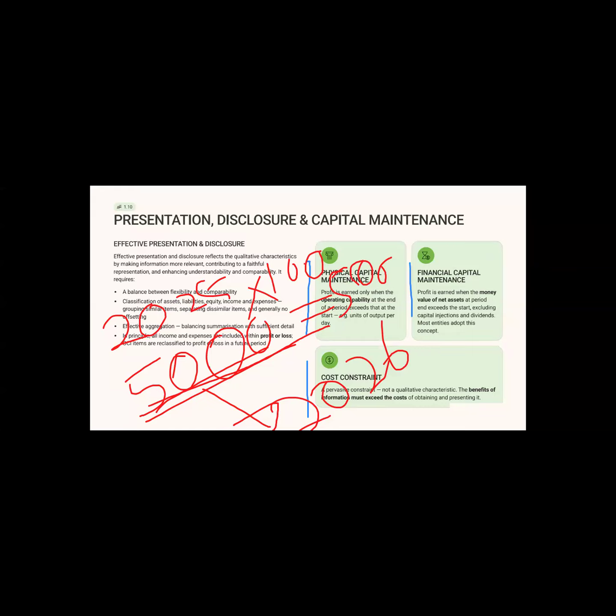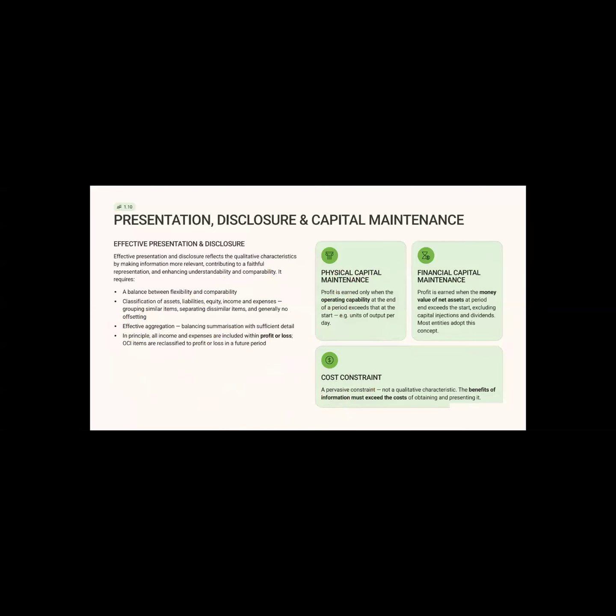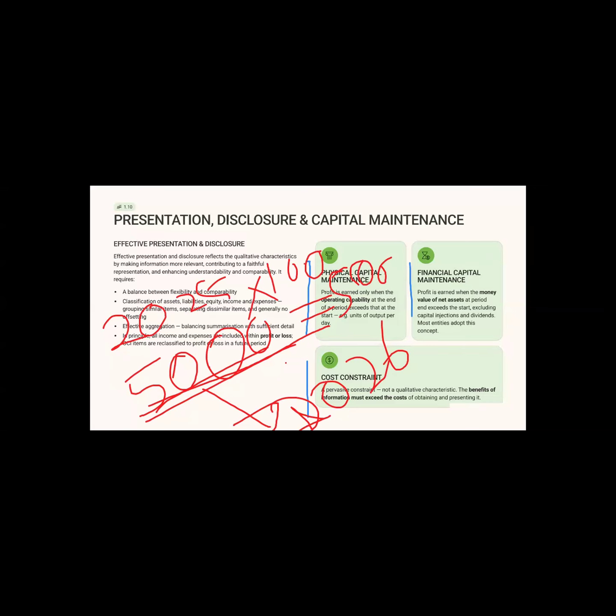Then January, February and so on all pass, and in the last month, December 2025, it is still only 5,000 units. If December also has 5,000 units, what does it mean? Your operational capability has not increased. There is no efficiency in your operations. So that is what physical capital maintenance is.